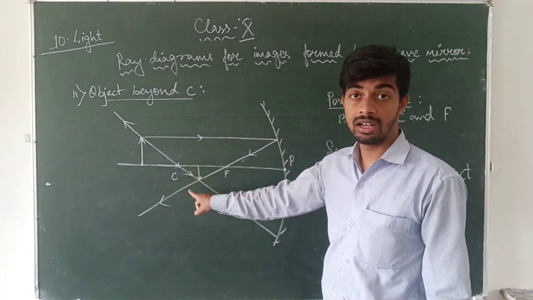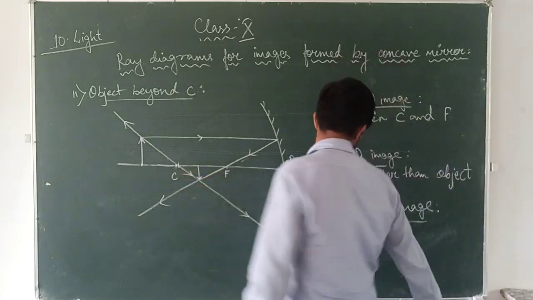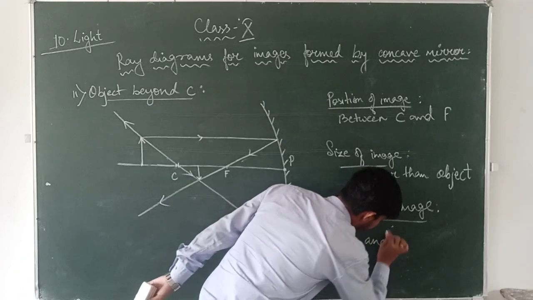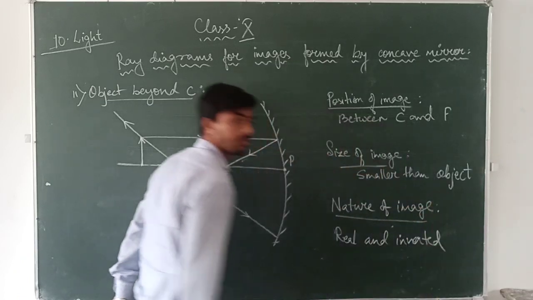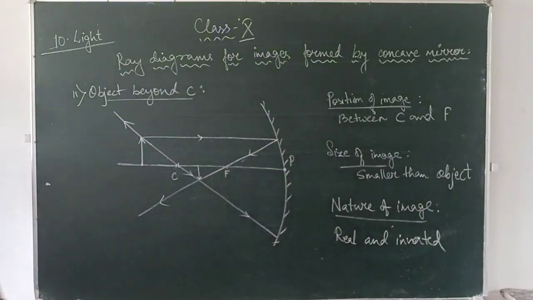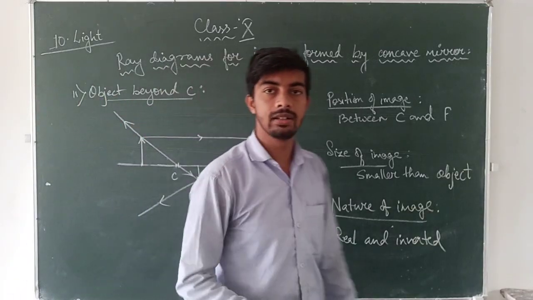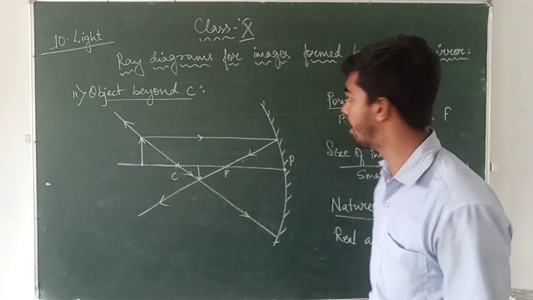Nature: it is a real image and the image is inverted, meaning upside down. It will be real and inverted. So this is our second position of the object. Now let us see the third one.